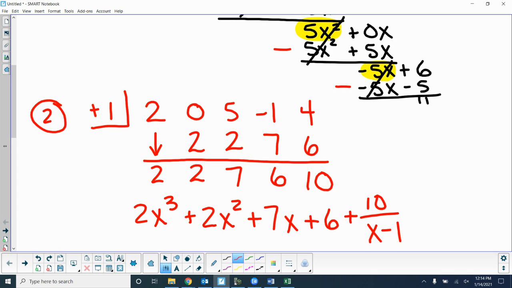Very good. So, this original problem was x to the 4th, right? The answer for the first one is always 1 less. Every year I get somebody who wasn't paying attention, Garrett, and put 2x to the 4th there.